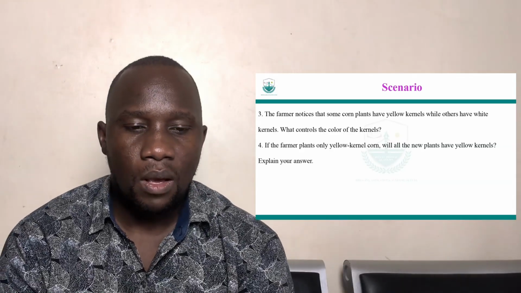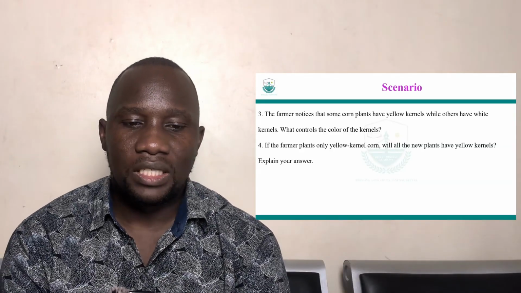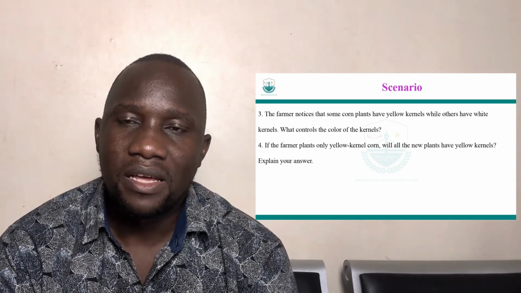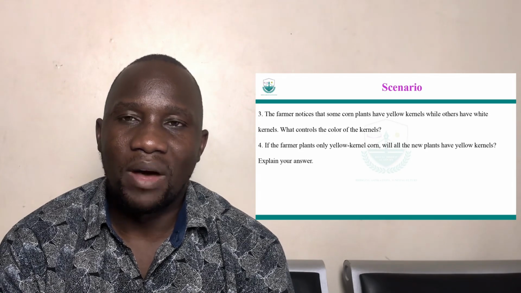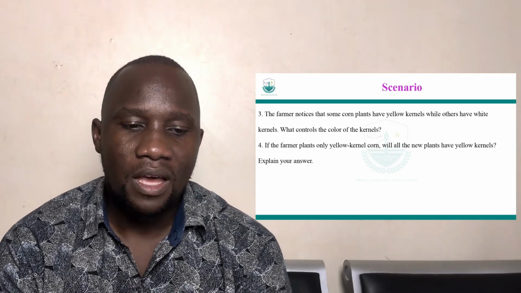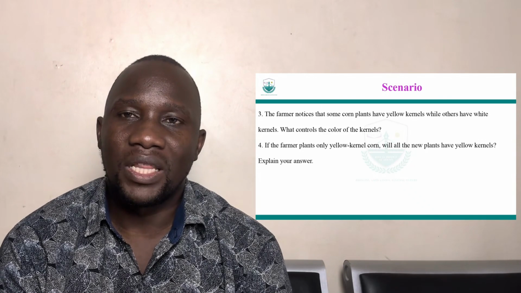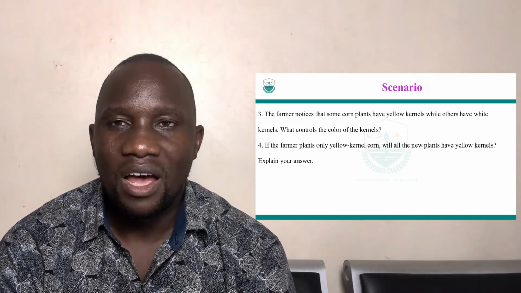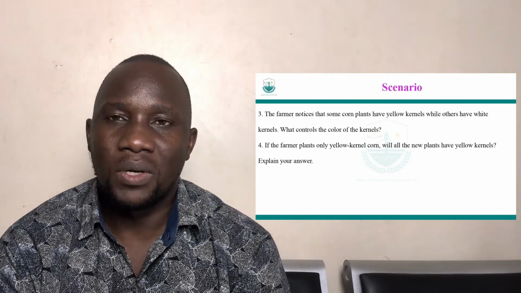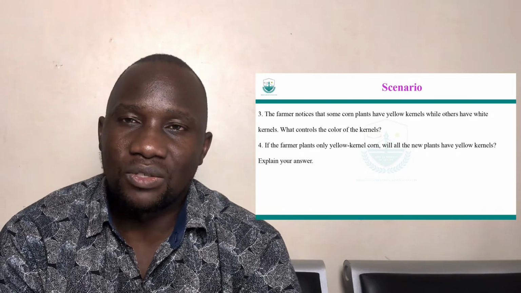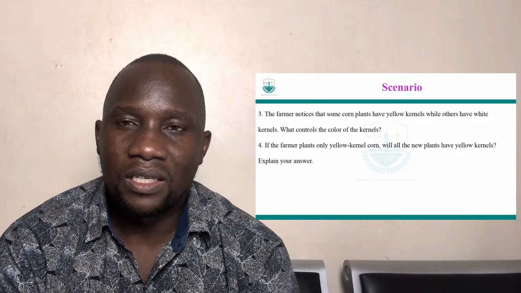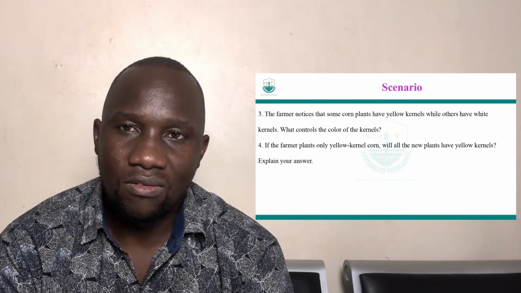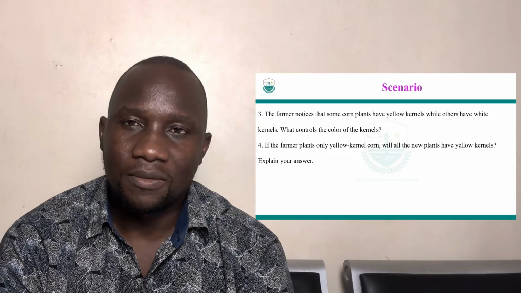Okay, but the other point to note is that the color of the kernels is actually determined by genes. Okay, and these genes, the way they express themselves depends on what is recessive and what is dominant. Dominant will always express itself even in presence of a recessive gene. A recessive gene will never express itself in presence of a dominant gene.